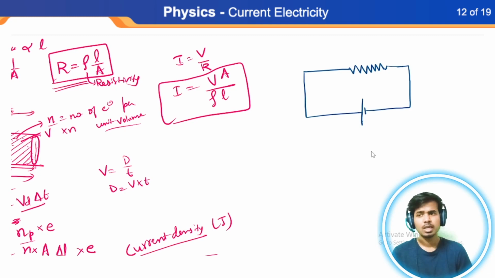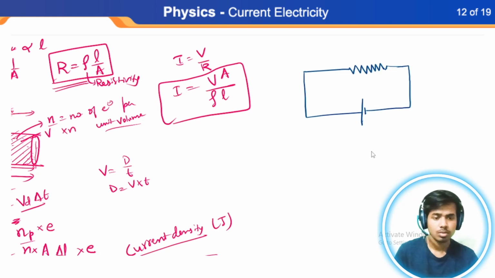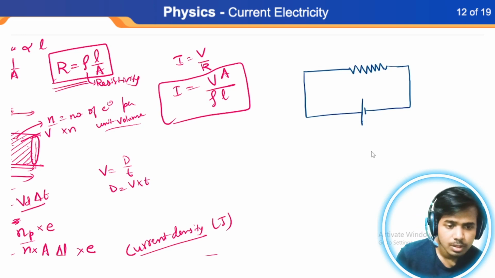For example, I think mercury displays superconductivity at almost 0 Kelvin. So that's a tough one to achieve.